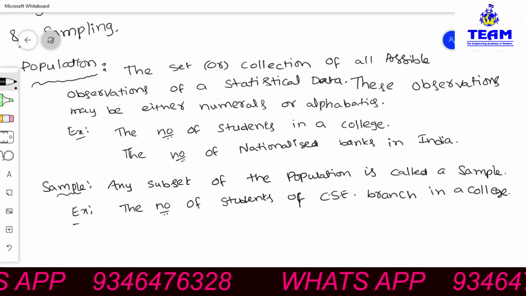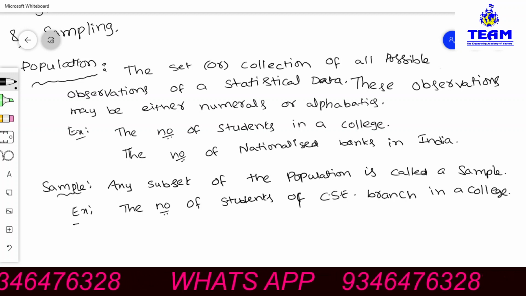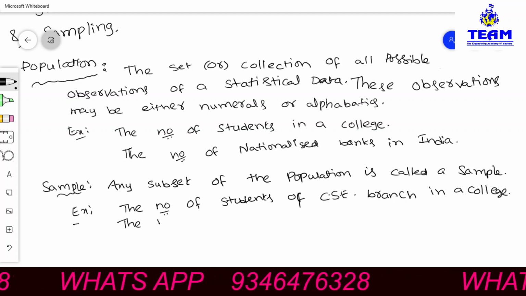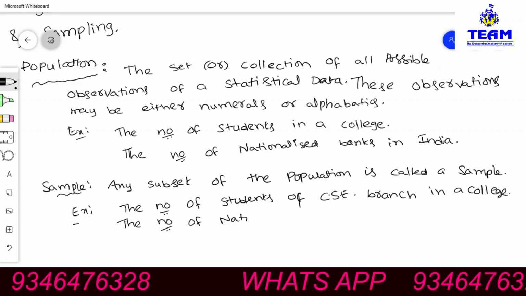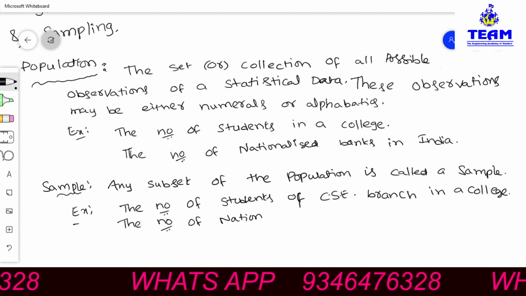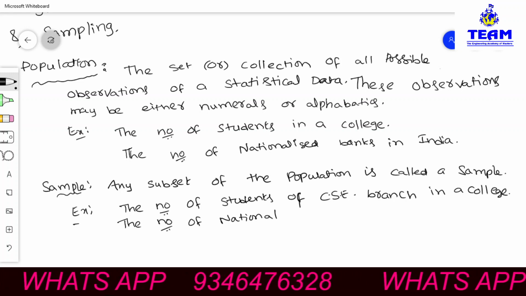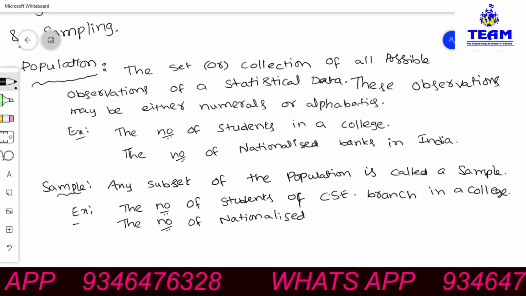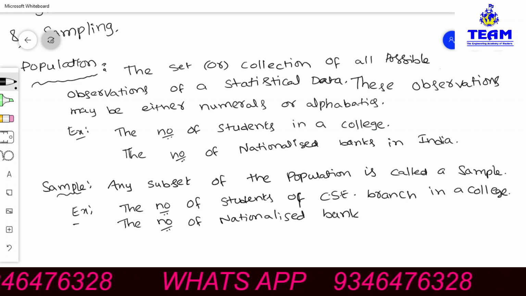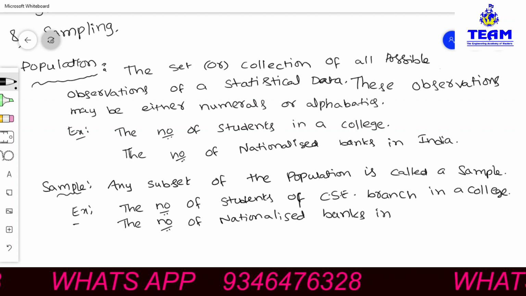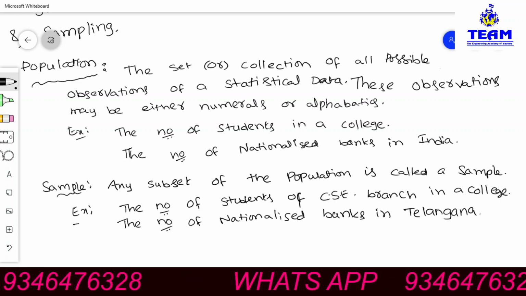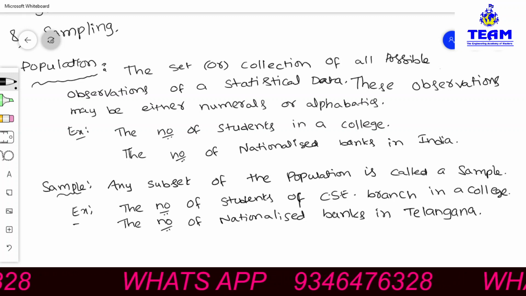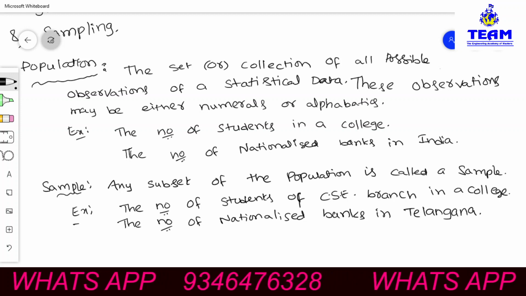The number of nationalized banks in Telangana.